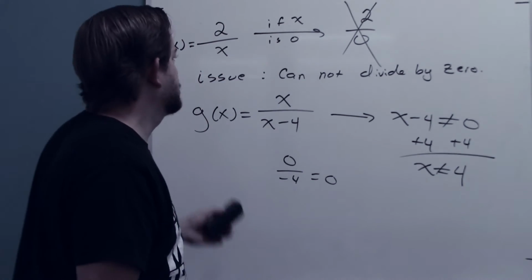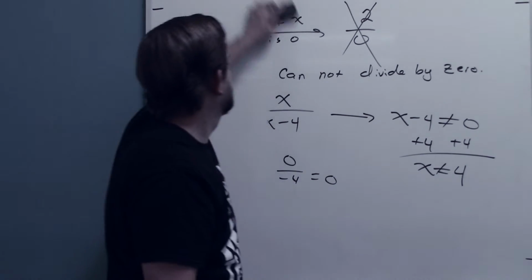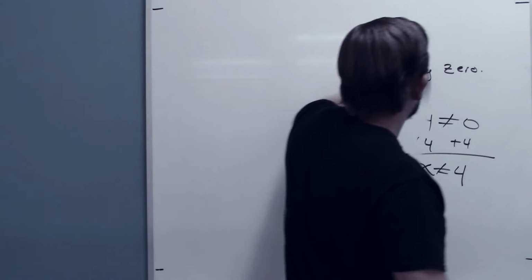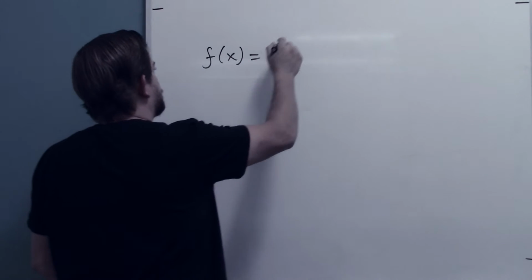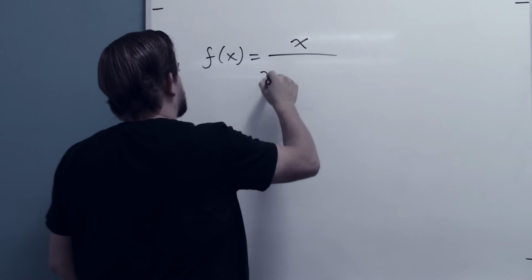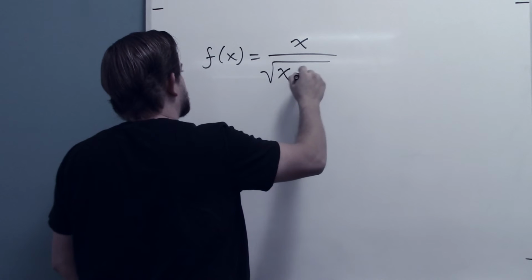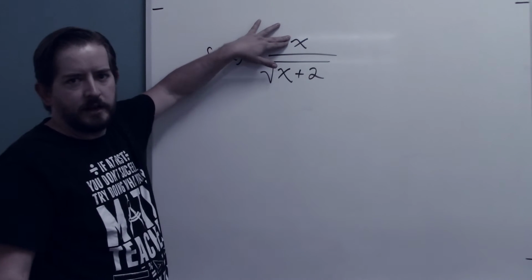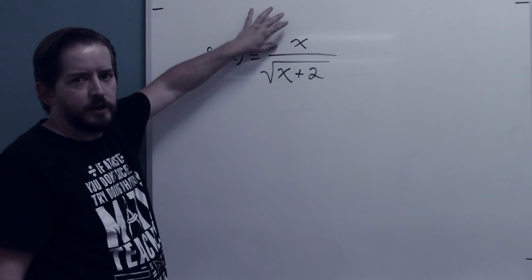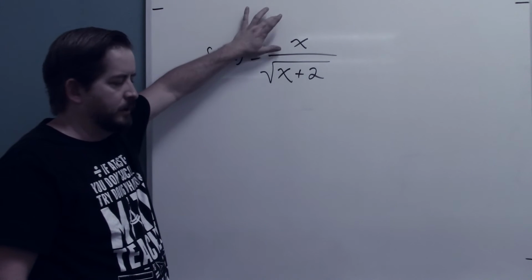Now if I have some function that has multiple issues, let's say f of x equals x over the square root of x plus 2. This x up here doesn't matter, it's just a polynomial, and the numerator can be 0 all at once.